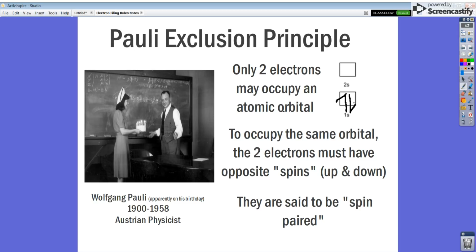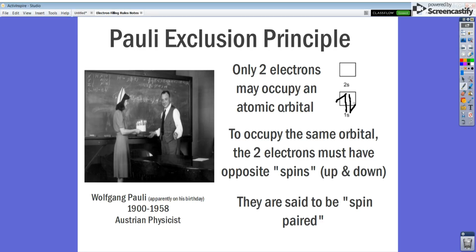So when we have a spin up electron and a spin down electron in an atomic orbital, they're said to be spin paired. Now, are electrons really spinning in space, one spinning up, one spinning down? No, electrons don't physically spin. It's an intrinsic mathematical property that physicists just sort of assigned to electrons so that these 2 electrons in the 1s, which have the same energy and are in the same atomic orbital, the same sublevel, we can differentiate between the 2.